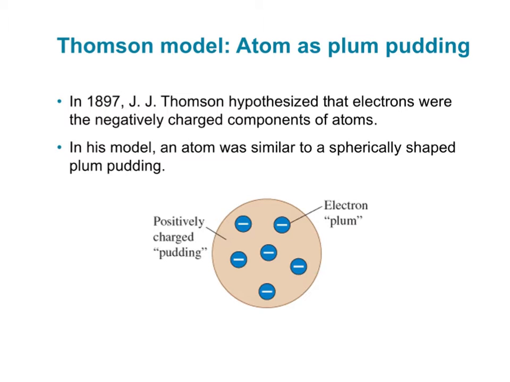J.J. Thomson said that you've got these negatively charged components in atoms that are equally distributed inside a pudding that's positively charged, which offset the negative charge and made the atom itself neutral. It was a uniform density kind of thing. So that was a model that explained the behavior of some of the things they had seen.